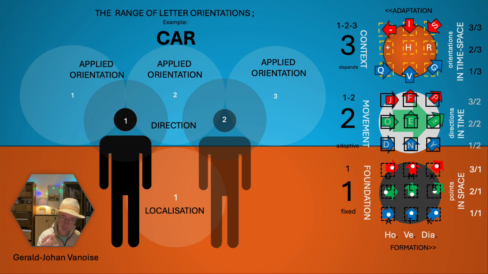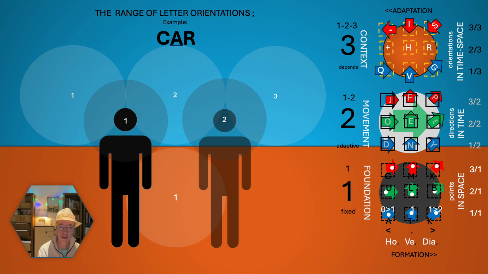So in 1, 2, or 3 focuses, all the letters are always to be found somewhere in these categories of complexity. So it's becoming more and more complex, dealing with more and more things, and that makes it more complex in the end. But okay, let's go to the A first.